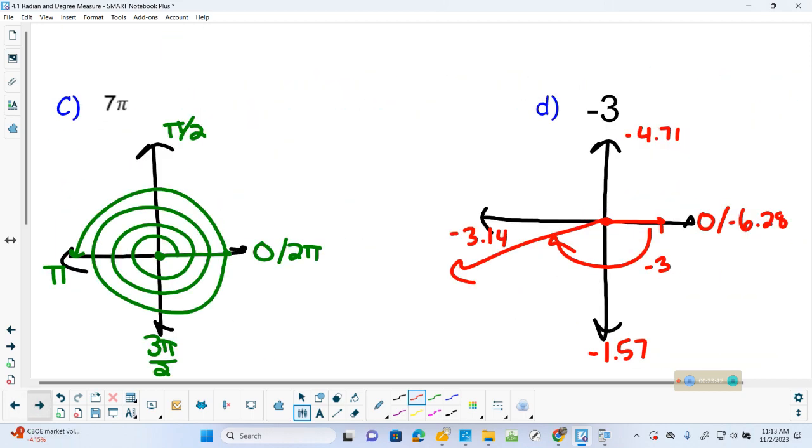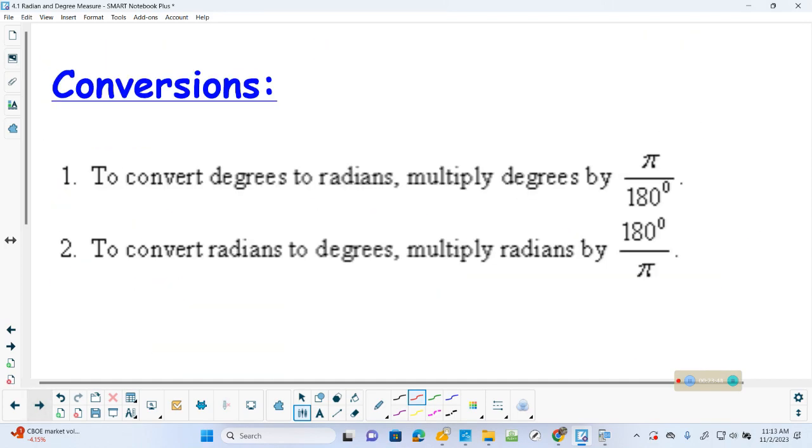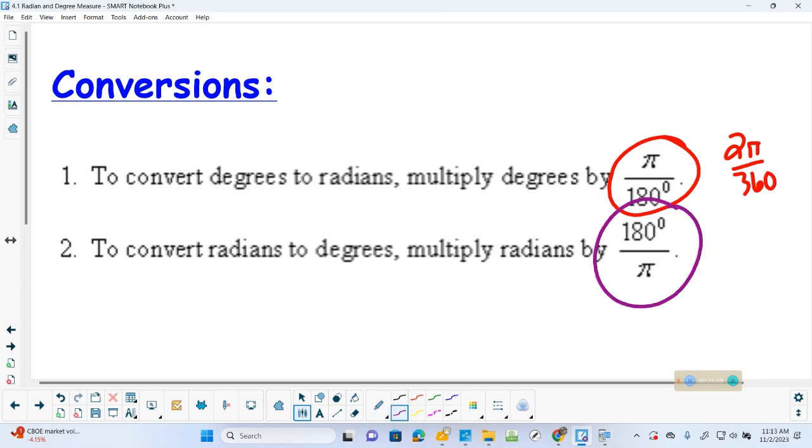That is why the conversions are what they are, because they're really doing 2 pi over 360. But of course, that's the reduced form of it, okay? So it's still that relationship, 360 degrees is the same as 2 pi. So if you're going to convert degrees to radians, pi over 180, radians to degrees, 180 over pi.